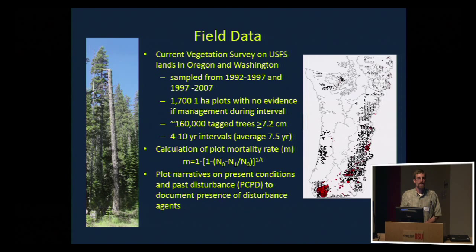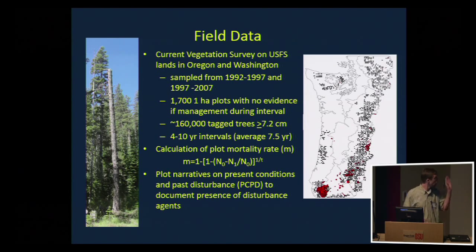Instead of subjectively assigning some sort of severity to the disturbance, I'm using these strictly as presence or absence. The goal here is to let the mortality rate tell the severity story, and it gives us a chance to look at the range of mortality levels that these different disturbance agents are operating across.